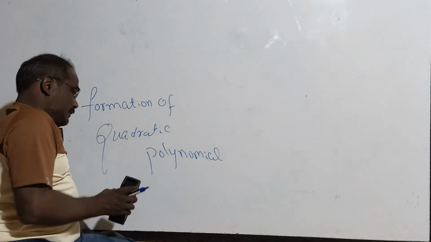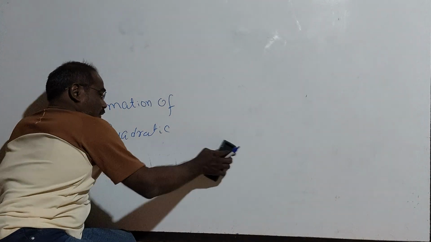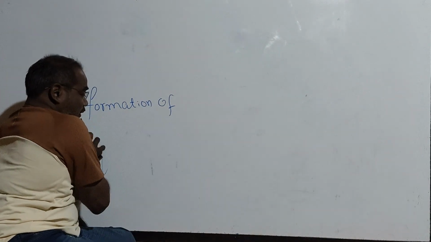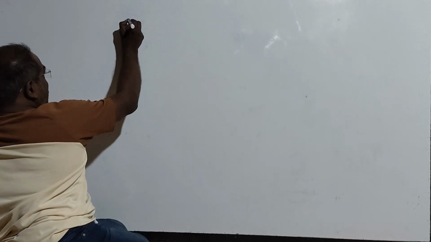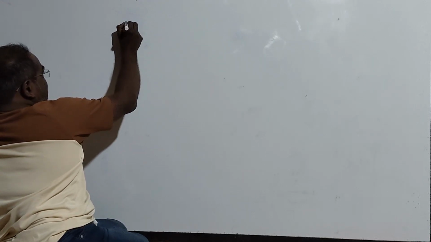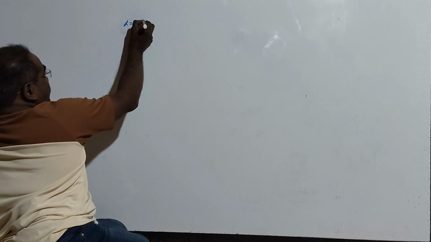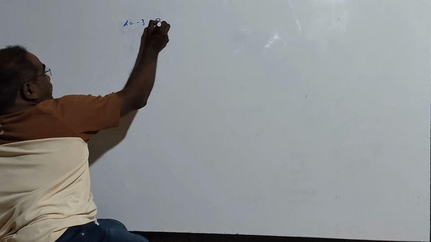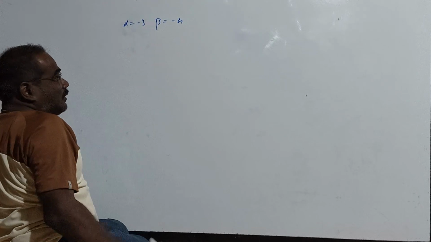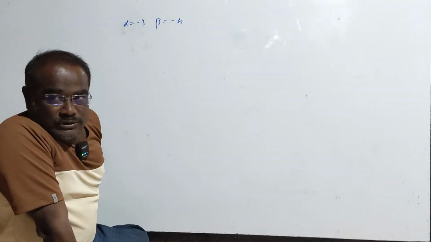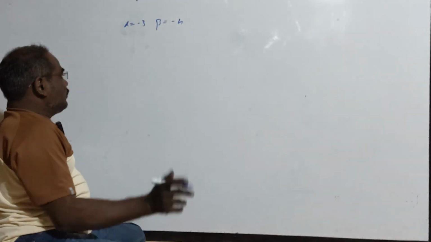There is a formula to form a quadratic polynomial, as we studied in the last class. See, alpha is equal to minus 3, beta is equal to minus 4. Form the quadratic polynomial. If the question is in this way, we know the formula.